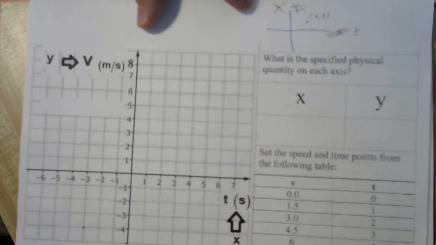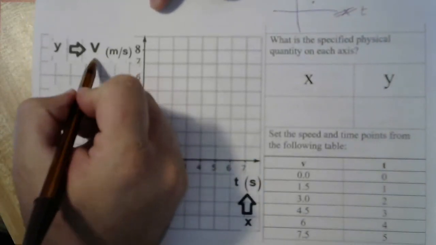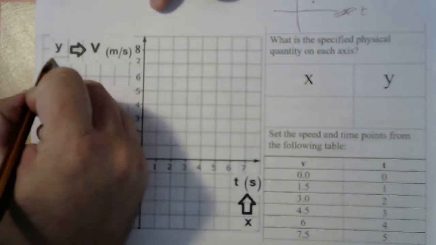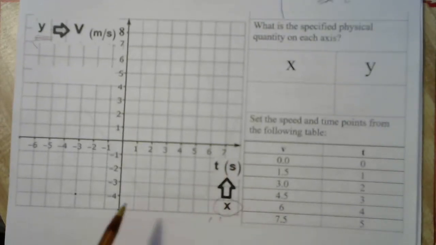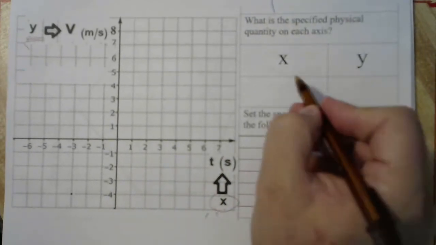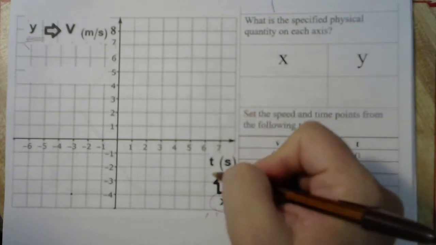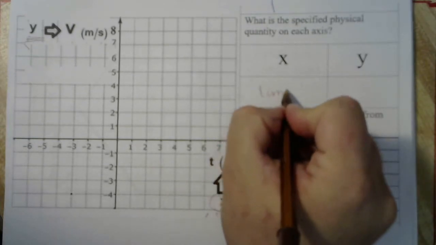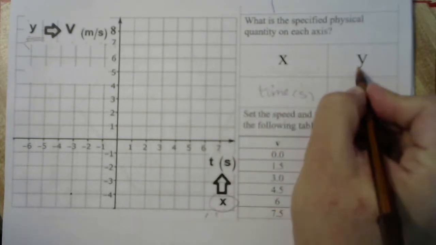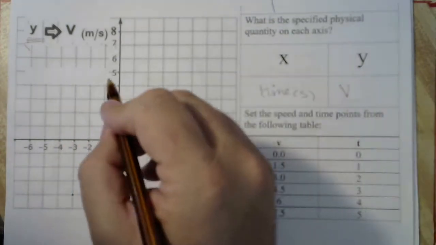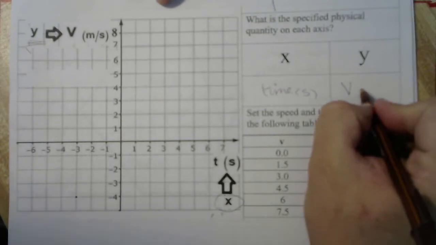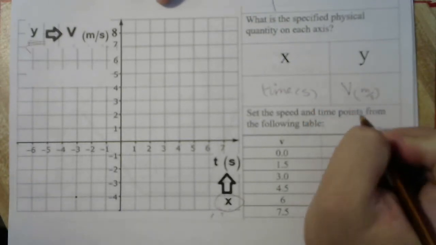In this example, we have the velocity on the y-axis and the time on the x-axis. So the x-axis carries the time in seconds, and the y-axis carries the velocity, not the position as in the previous example, in meters per second.